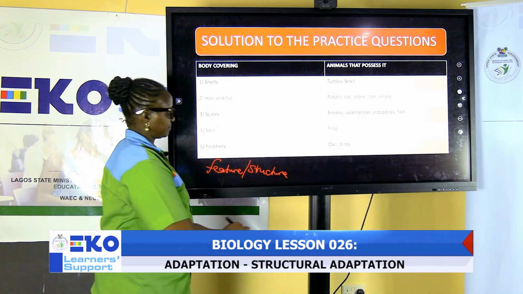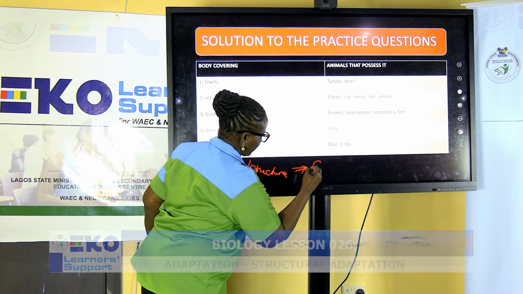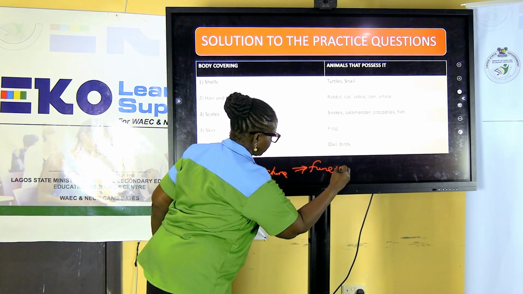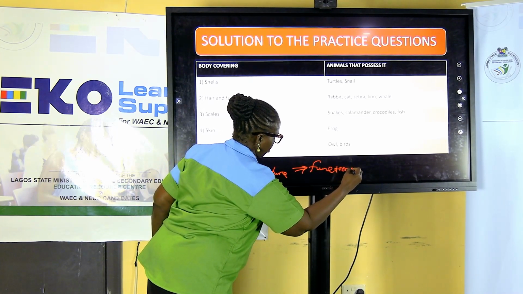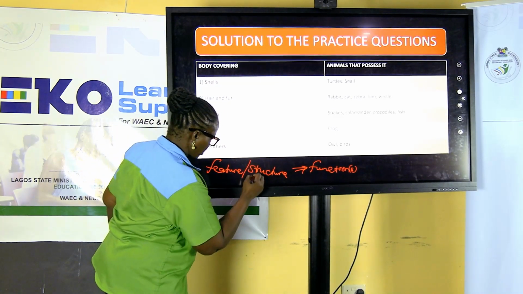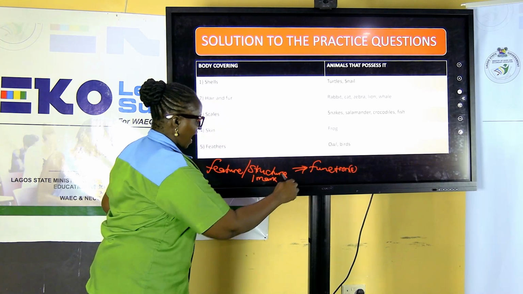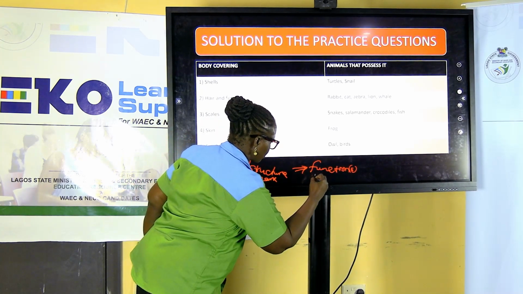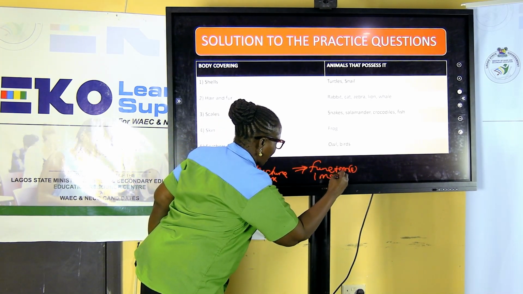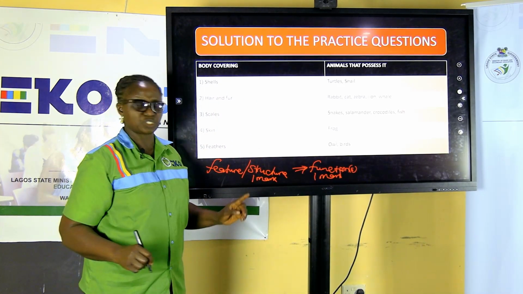On one side, then on the other side, you must be able to state the function, either function or functions. When it is marked, this one will score 1 mark, and the function will equally score 1 mark. Go through the past question papers, you will be able to establish this.